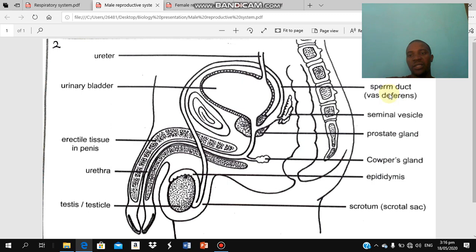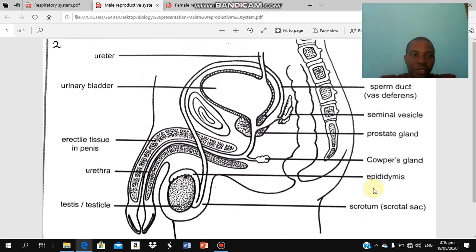We have the sperm duct, the seminal vesicle, the prostate gland, the Cowper gland, the epididymis, the scrotum, the testis, the urethra, the erectile tissue in the penis, the urinary bladder, and the ureter.